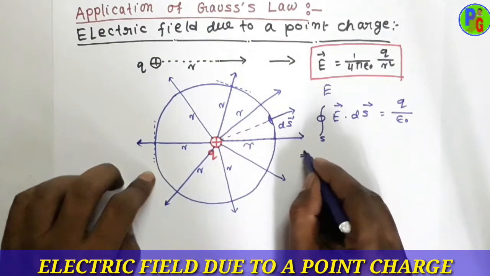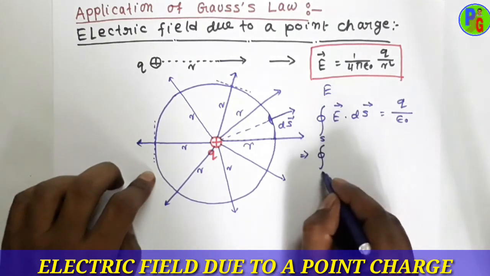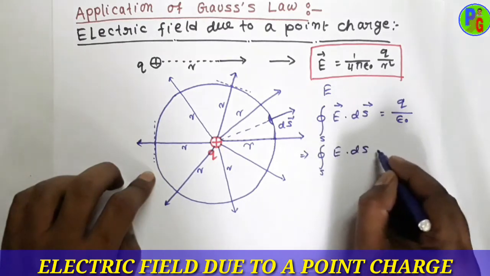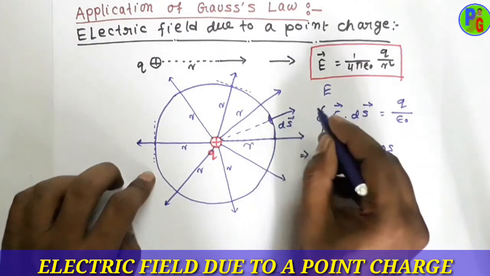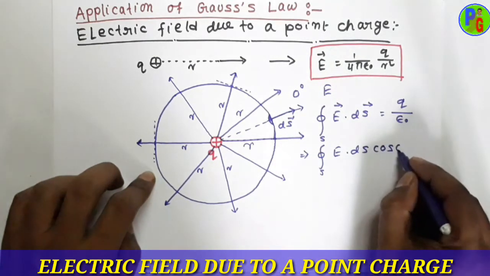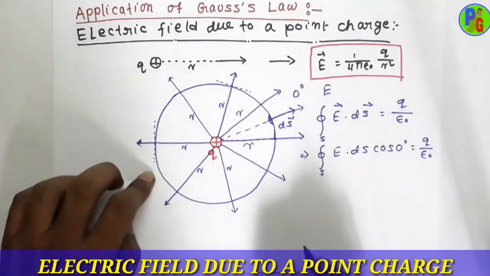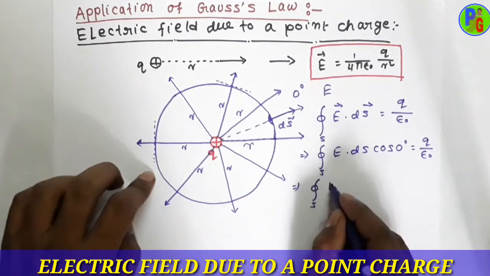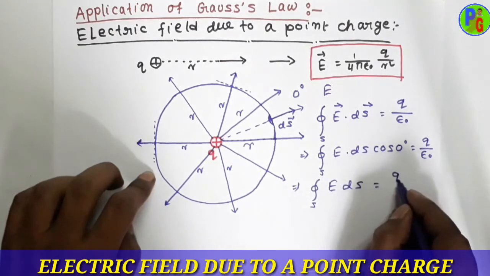So we can remove the vector sign from the dot product, and it becomes E into ds into cos theta. Now the angle between ds and the electric field vector is 0 degree. So it is cos 0 degree equal to q by epsilon 0. As you know, cos 0 degree is always equal to 1. So this becomes E into ds equal to q by epsilon naught.